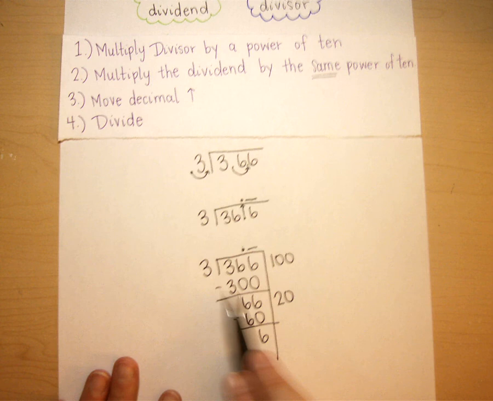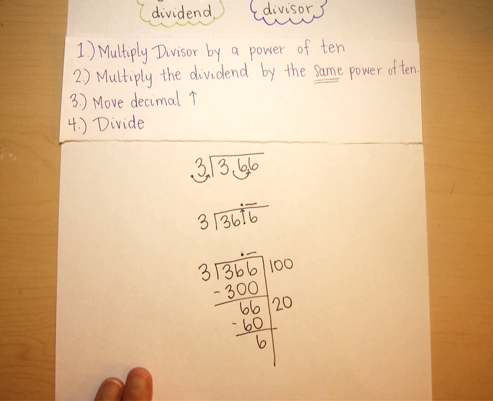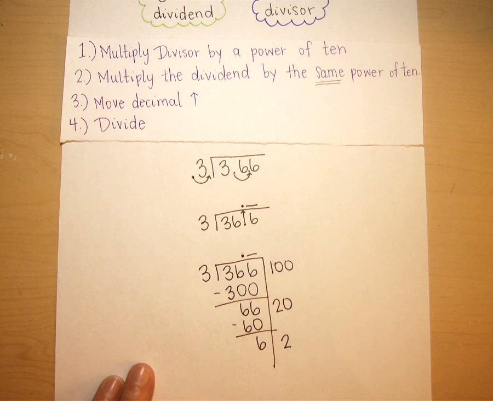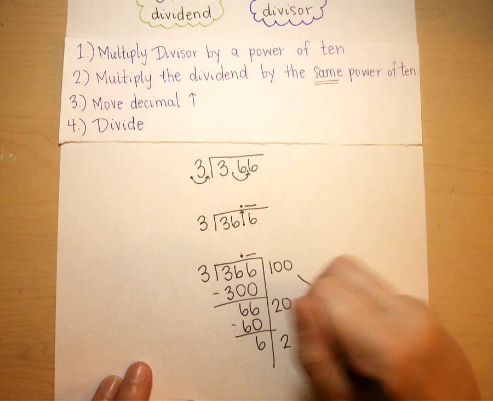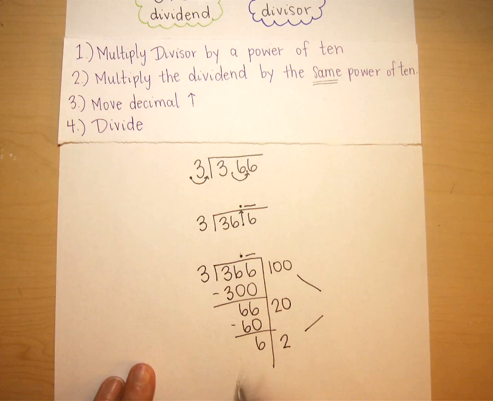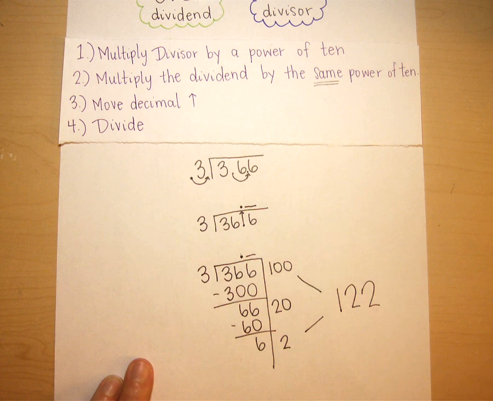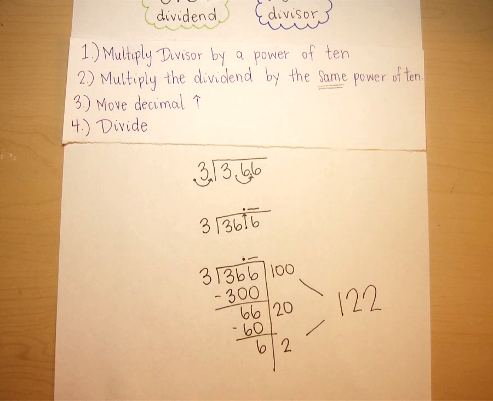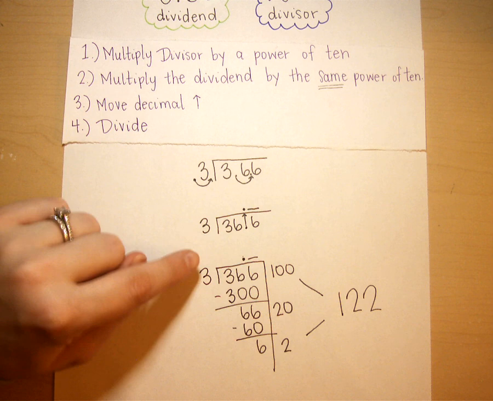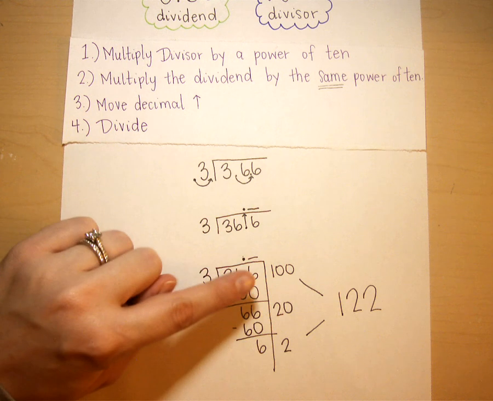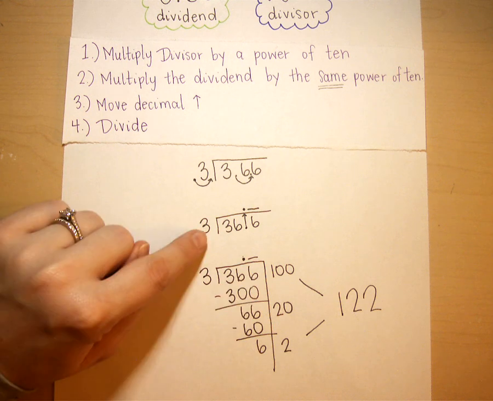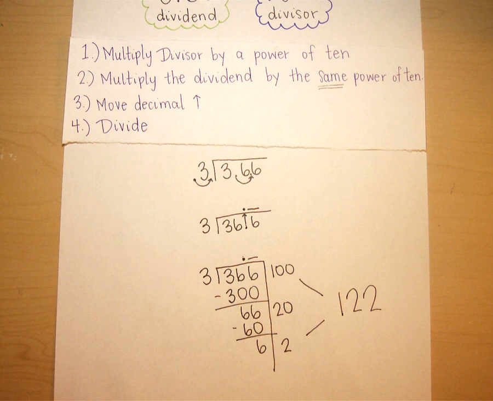How many 3's can I find in 6? 2. So here's the thing. The answer to this equation is 122. But remember, initially, I wasn't dividing 3 into 366. I was dividing 3 into 36 and 6/10.